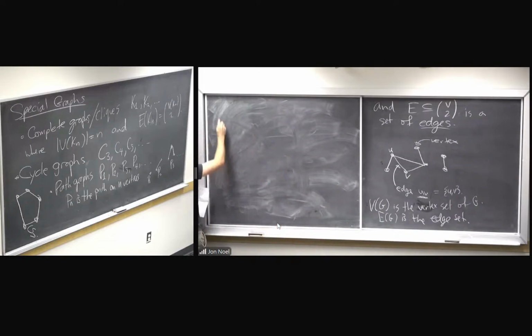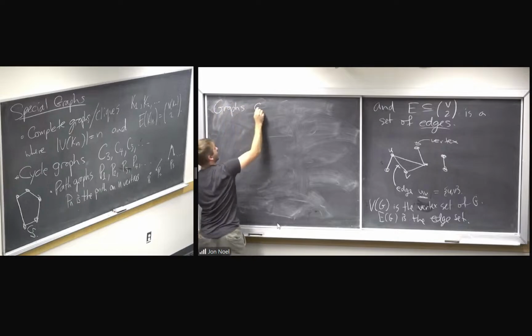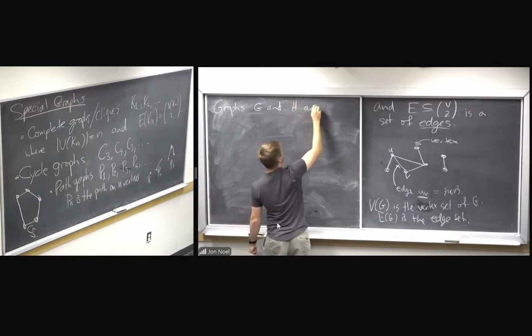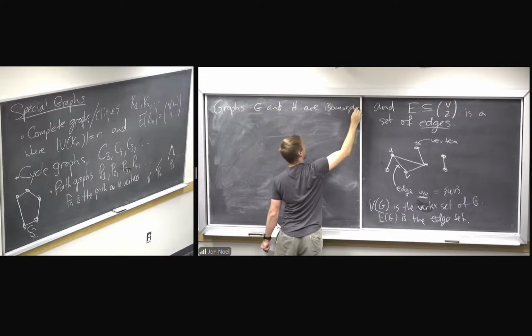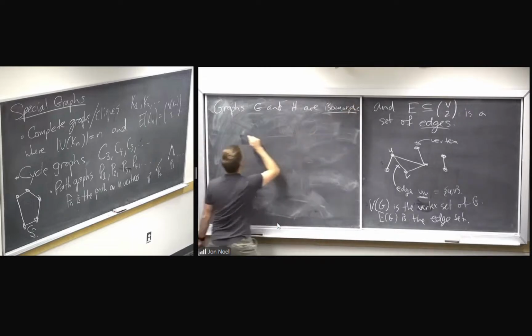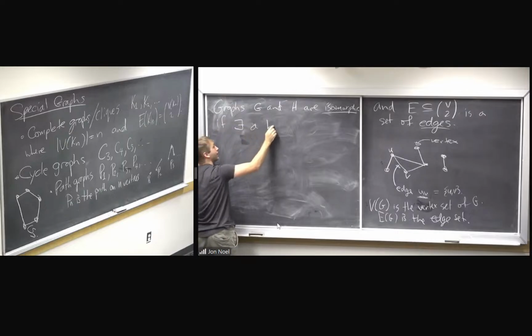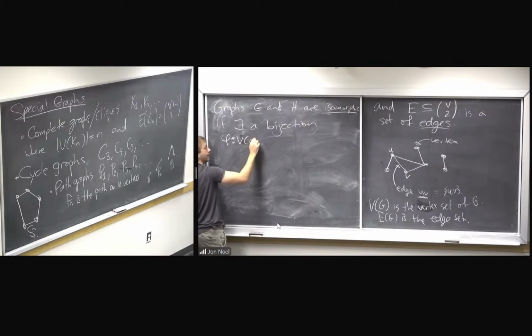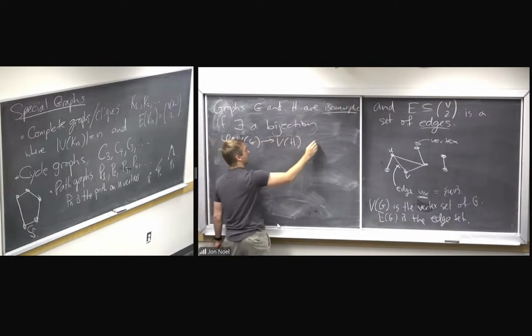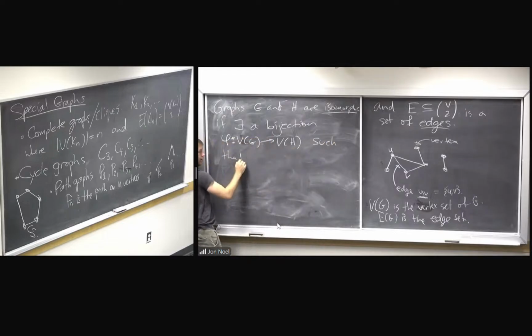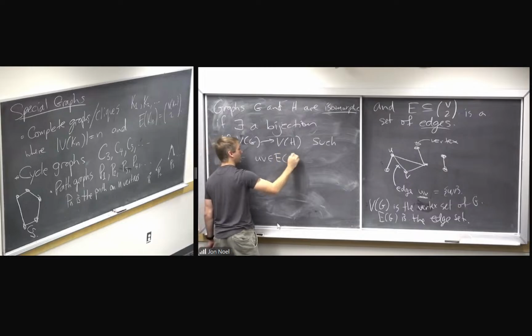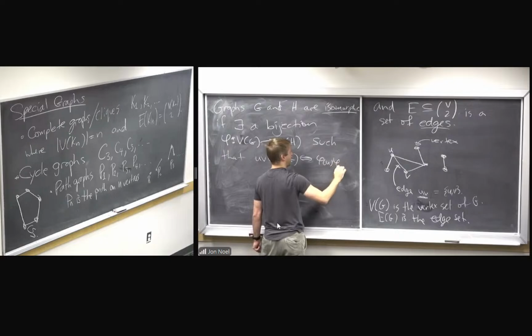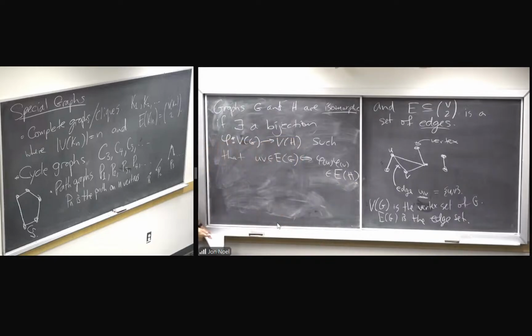So graphs G and H are isomorphic if there exists a bijection, let's say phi from the vertices of G to the vertices of H, such that UV is an edge of G if and only if phi of U, phi of V is an edge of H. And phi is called an isomorphism.